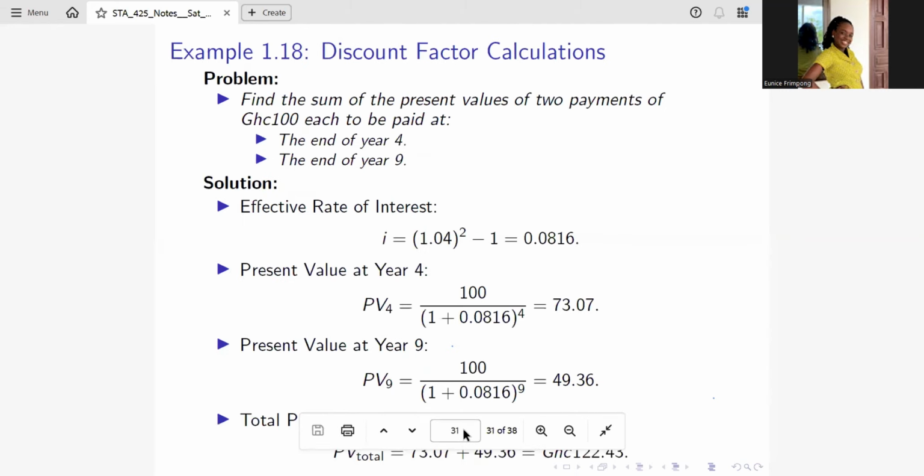There are some examples here on discount factor calculations. Problem is that find the sum of the present values of two payments of 100 each, to be paid at the end of year 4 and then at the end of year 9.